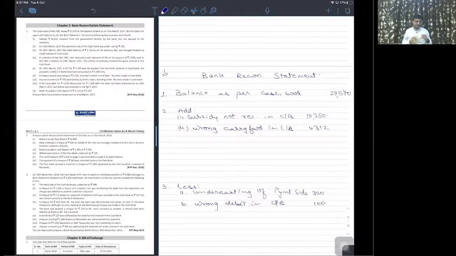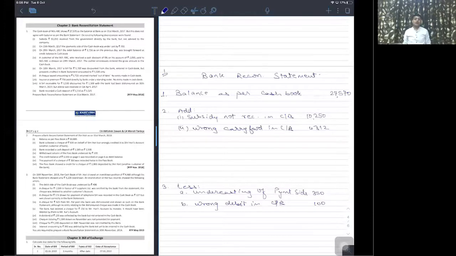All right? Yes. हाँ, 5,700 का बिल तुमने डिस्काउंट कराया था, but बैंक ने तुमको 5,500 ही क्रेडिट किया, मतलब 200 रुपए डिस्काउंटिंग चार्जेस आया नहीं. So you have debited the bank by rupees 5,700, but the bank has credited you only by 5,500. So difference of 200 is to be reduced or not.